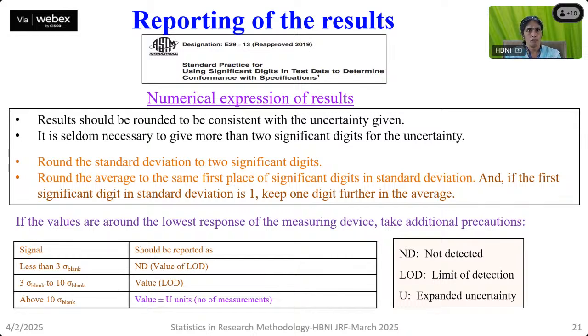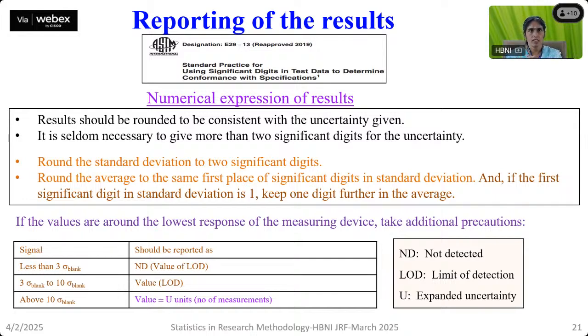Do not try to manipulate. Even if it is slightly above the background of the instrument, sometimes visibility or measurability may be poor. At that time you declare that it is a feeble signal, I am not able to completely quantify. So you say that it is above the limit of detection, but below the limit of quantitation.